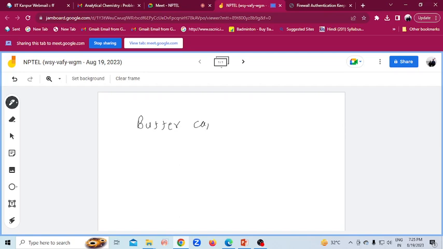Suppose you have one conical flask with 1 liter of buffer solution. Its pH range will be constant.